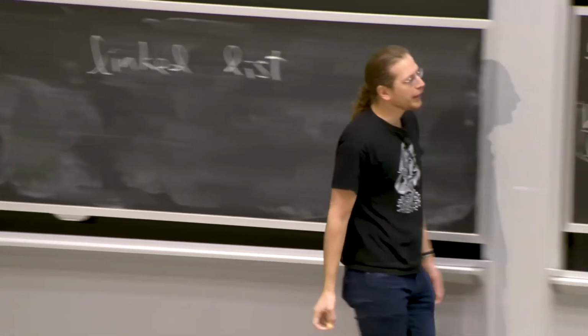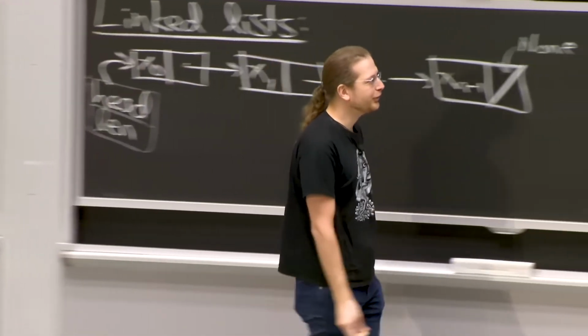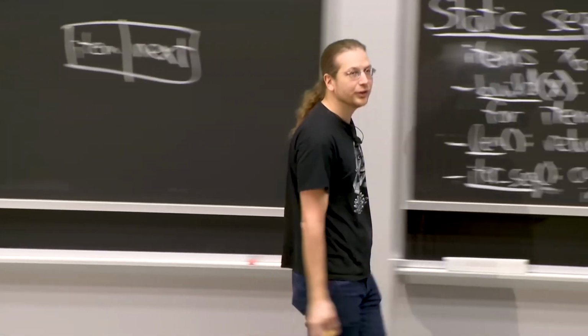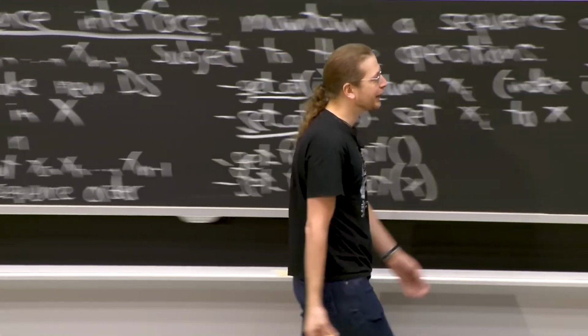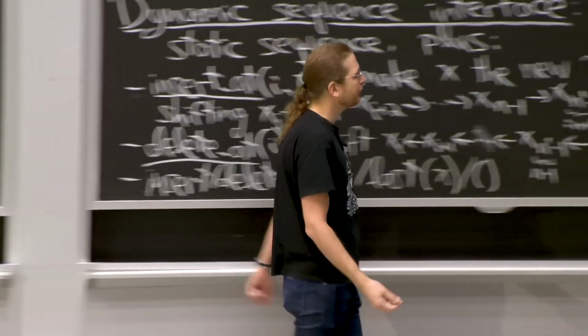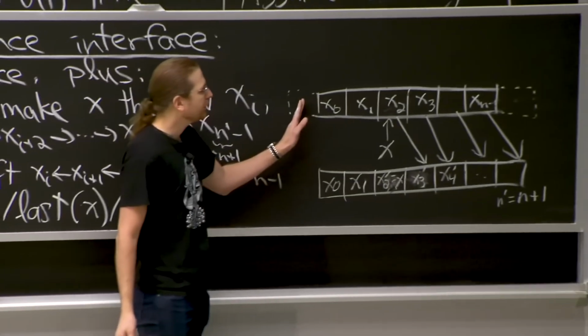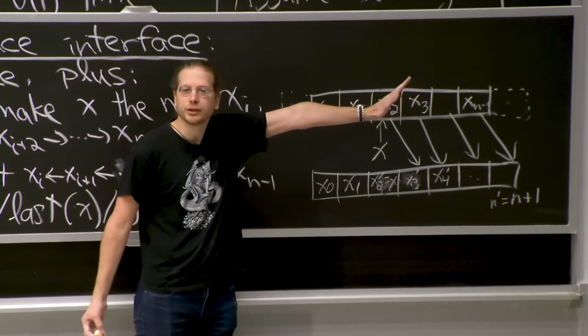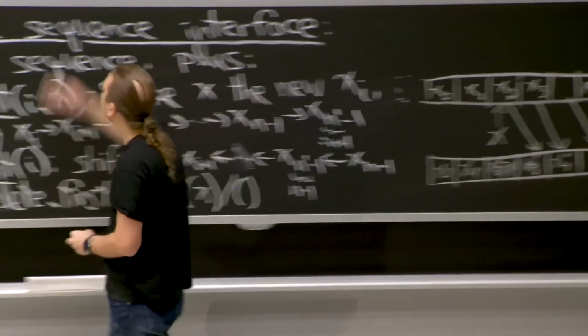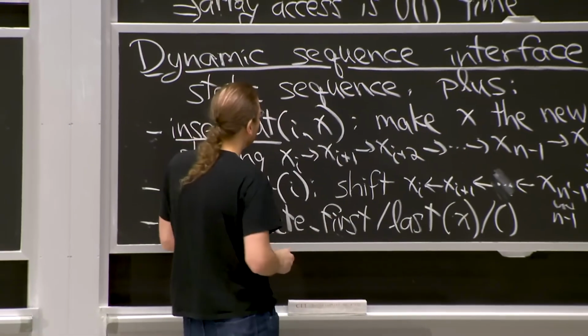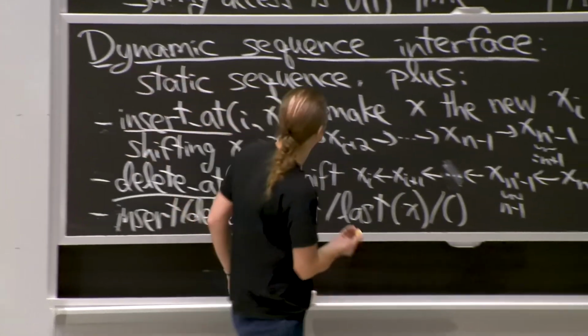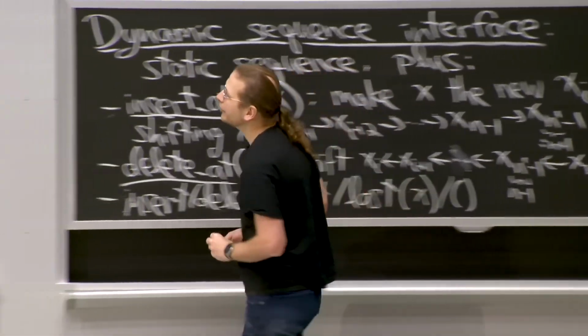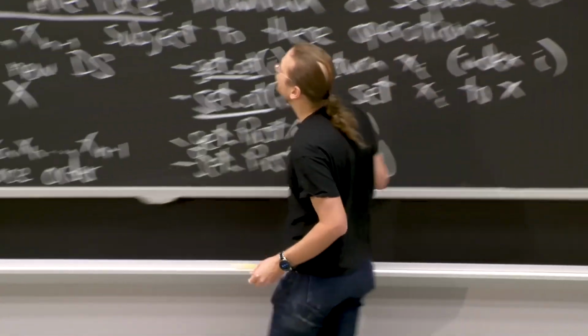So on a static array, I think you all see, if I try to insert at the beginning of the static array, that's kind of the worst case. If I insert first, then everybody has to shift over. If I'm going to maintain this invariant, that the ith item in the array represents, I guess I didn't write it anywhere here, maybe here.